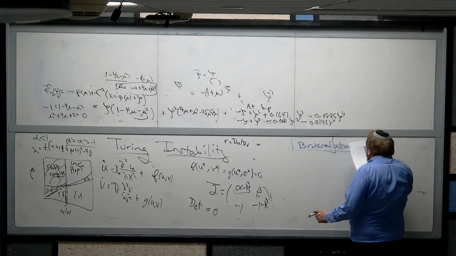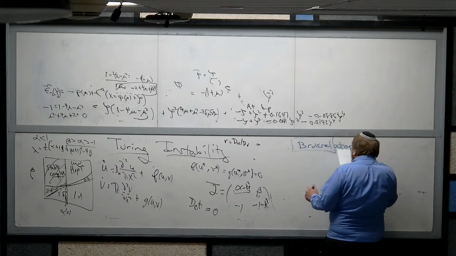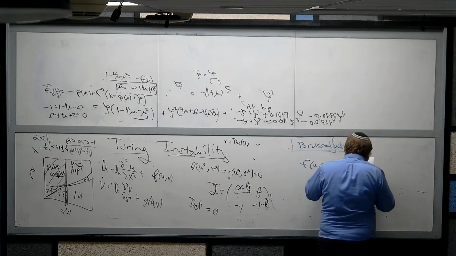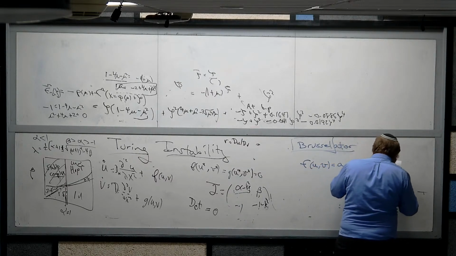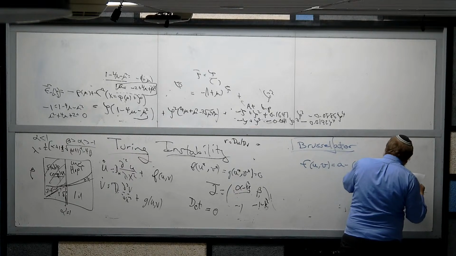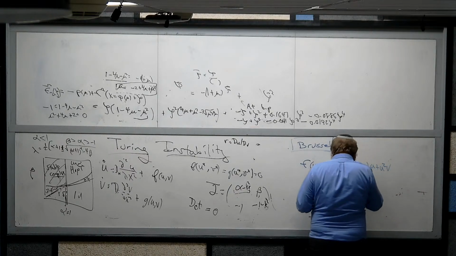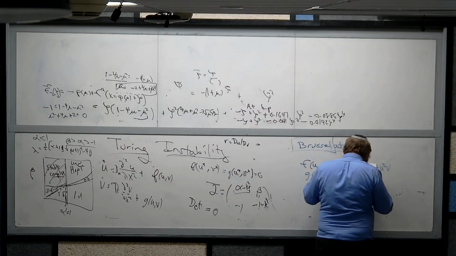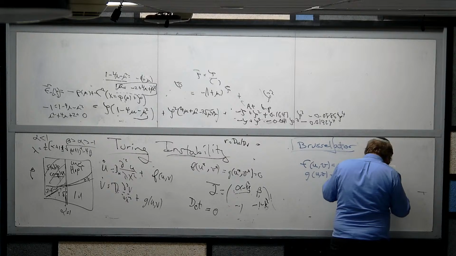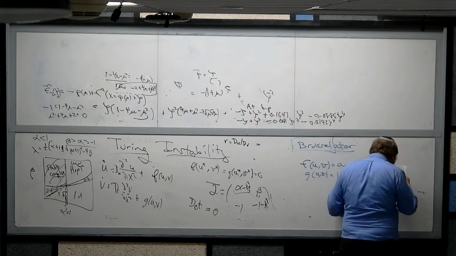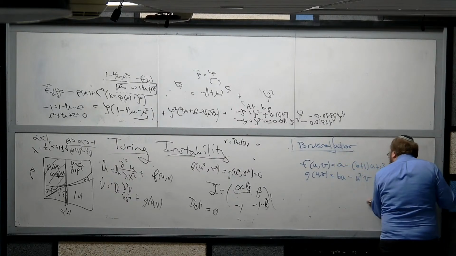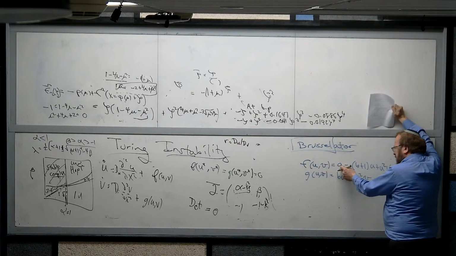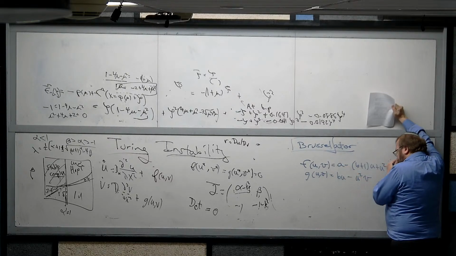All right. So the model is, f of u and v is a minus (b plus 1) u plus u squared v, and g of u and v is b u minus u squared v. So what happens is that you have some background production of u.